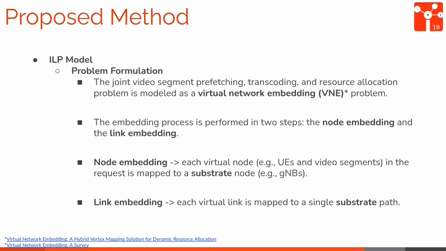The embedding process is performed in two steps: node embedding and link embedding. In node embedding, each virtual node in the request is mapped to a substrate node, and in link embedding, each virtual link is mapped to a single substrate path.